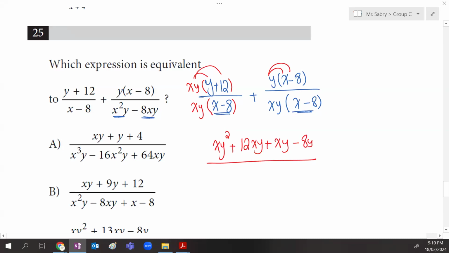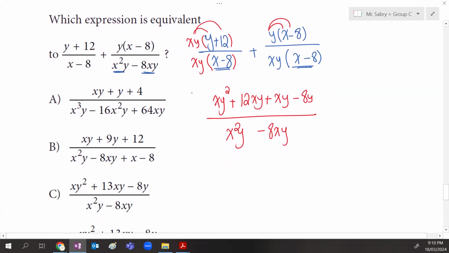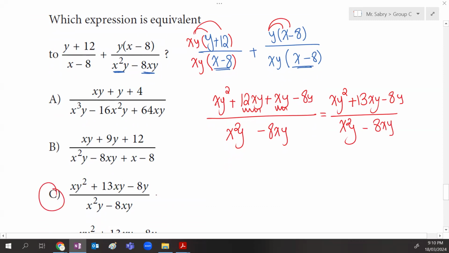It's actually xy times x, that is x squared y, xy times negative 8, that is negative 8xy. Because there are like terms, this 12xy and this positive xy, I have to add them. And I'll be left with 12 plus 1, that's 13xy minus 8y. And all of that is over x squared y minus 8xy. That's choice C.